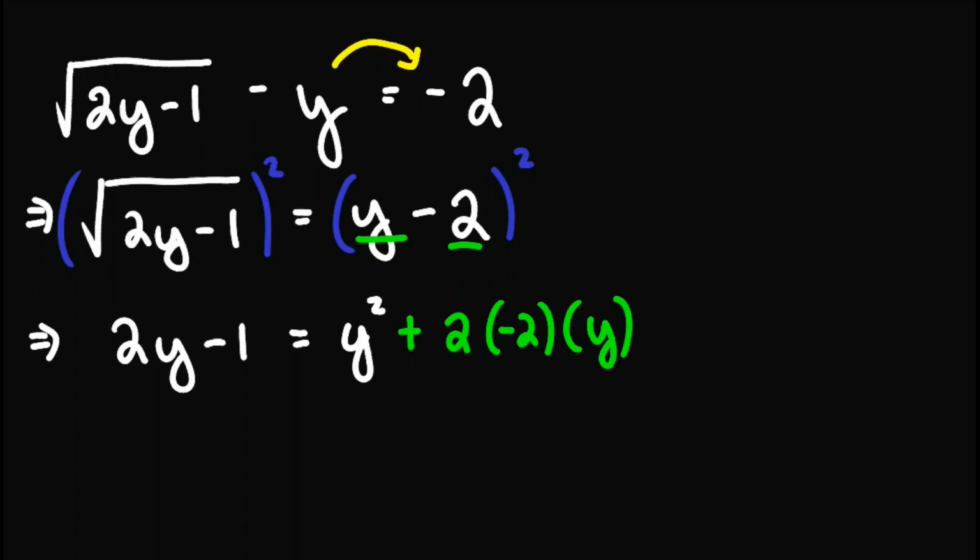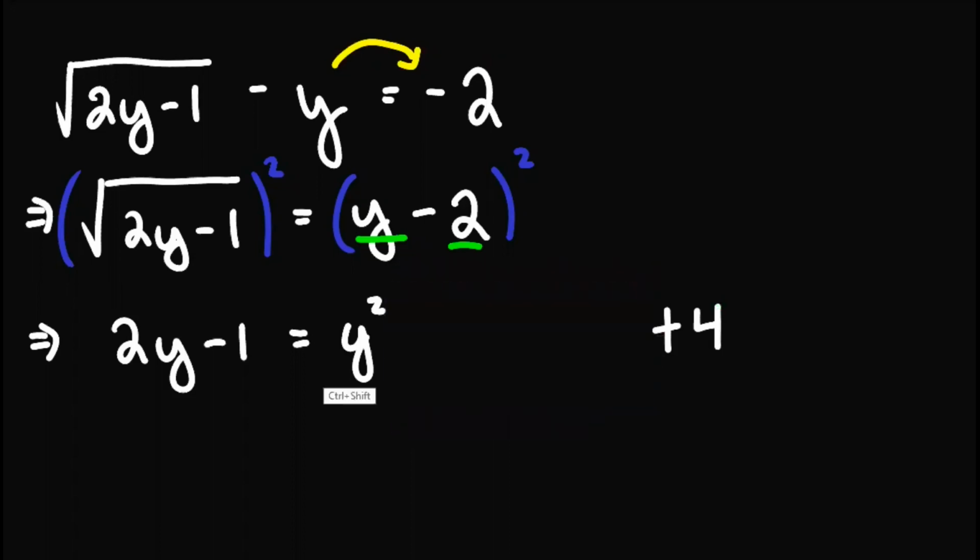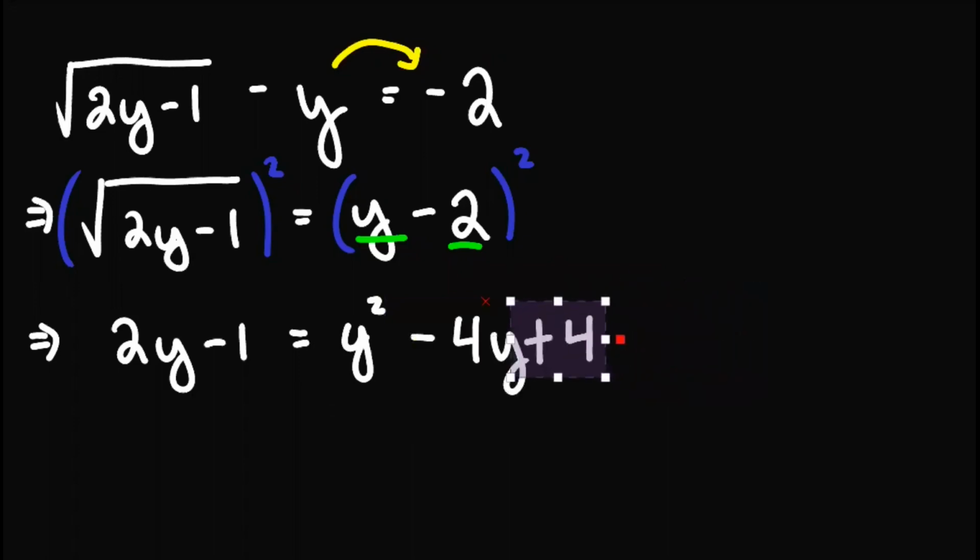And on the last term, we'll have the square of negative 2, which is simply positive 4. This middle term simplifies to negative 4y. So we have this.